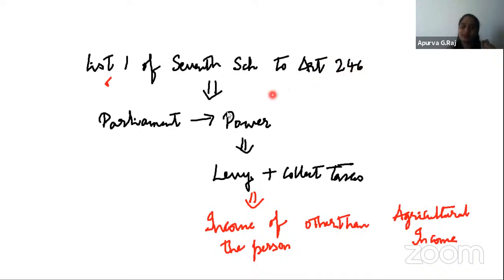Who has got power? The parliament has got power to levy and collect the taxes on the income of a person other than what? Other than agricultural income. So hope you understood. The authority lies with whom? The authority lies with the parliament. It is nothing but the income tax levy is in the union list. Hope it is clear. Next one.